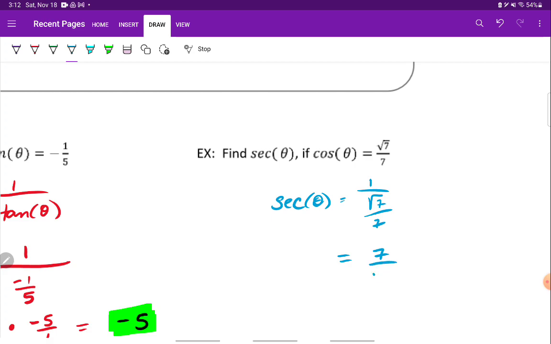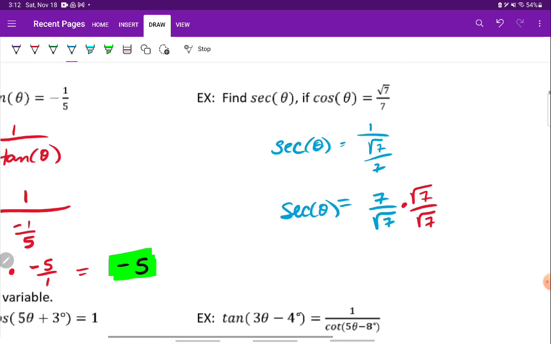We're going to get 7 over the square root of 7, which we then want to rationalize. It's going to give us 7 square root of 7 over 7. And then those 7's can simplify, and we're left with secant of theta being square root of 7.